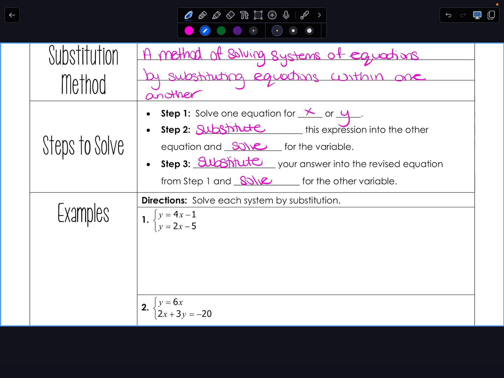Probably easier when we actually look at an example like example 1. Both equations are solved for y. So I can take my 4x minus 1 and I can substitute it in for y in my second equation.